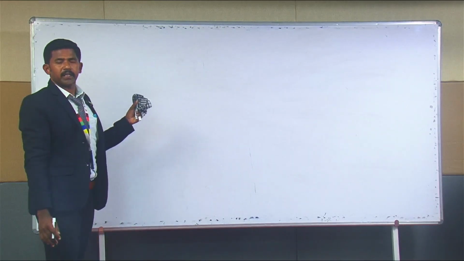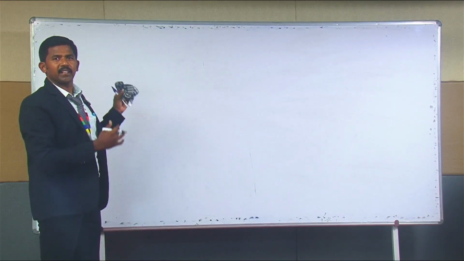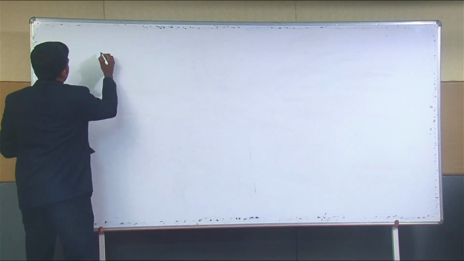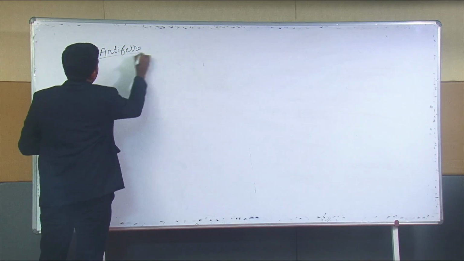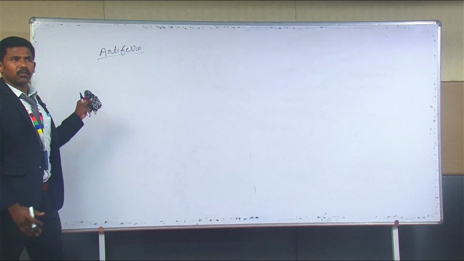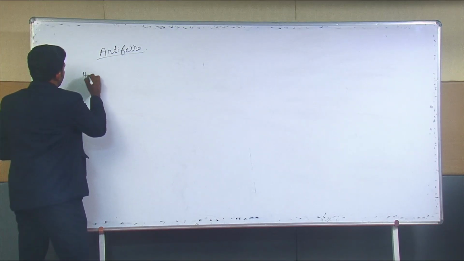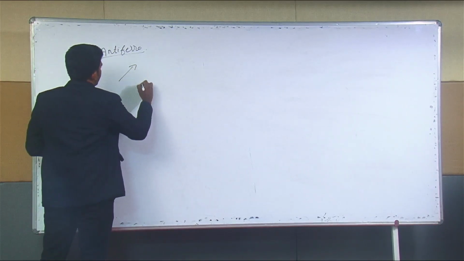If you consider the antiferromagnetic material and ferrimagnetic material, for example antiferro, usually without an applied magnetic field it is random orientation only.